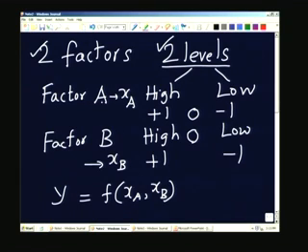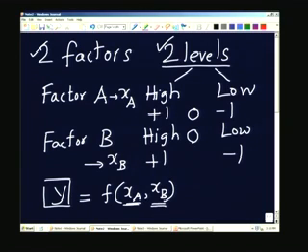So factor A, I will call it x A, is the numerical value or the identifying value for that. High and low I am going to use the values +1 and -1. Factor B, high value and low value again +1 and -1, and we are looking at the outcome of the experiment is y, and it depends on both the x A, x B.